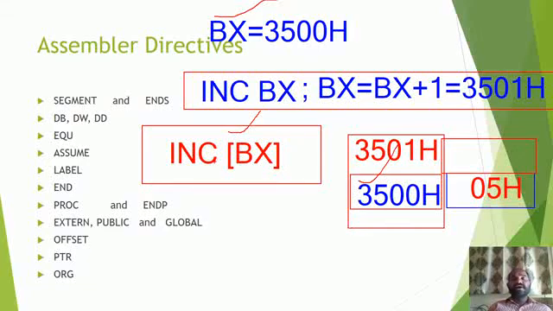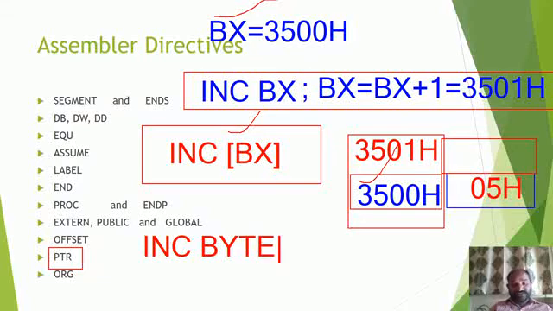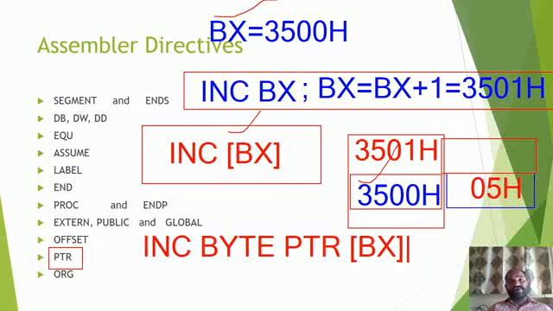Now the assembler gets confused whether it needs to treat the BX content as referring to an 8-bit number or a 16-bit number. To avoid that, we make use of PTR. Here we use INC BYTE PTR [BX].